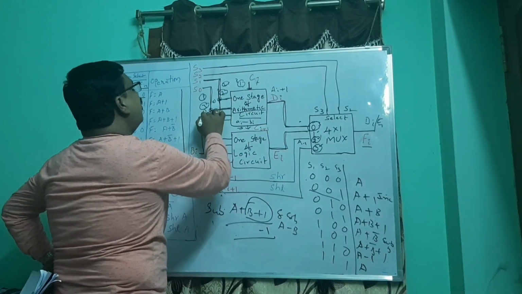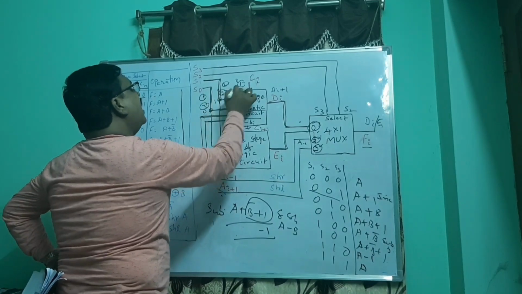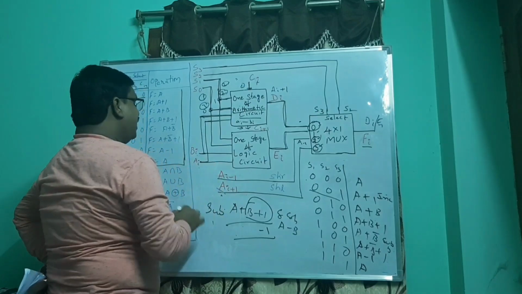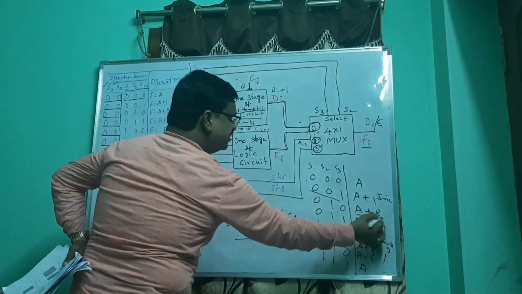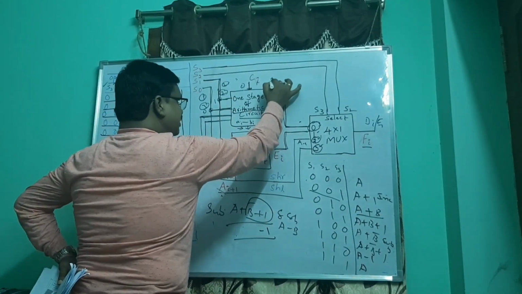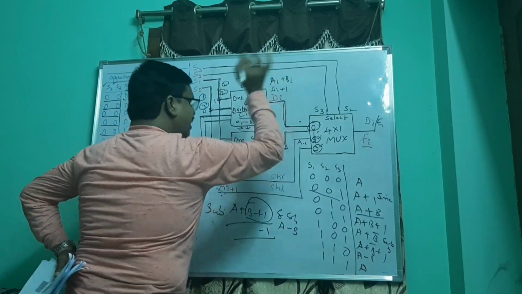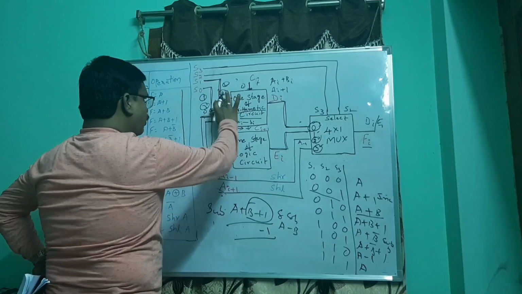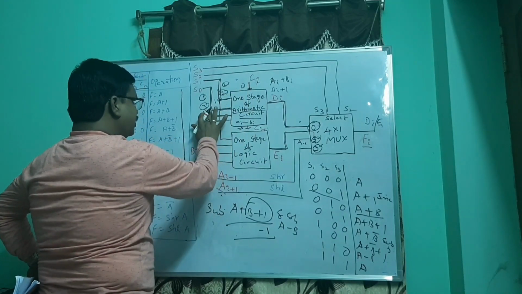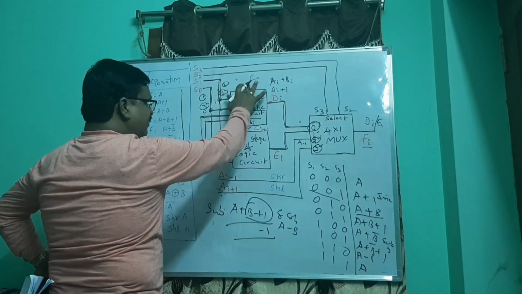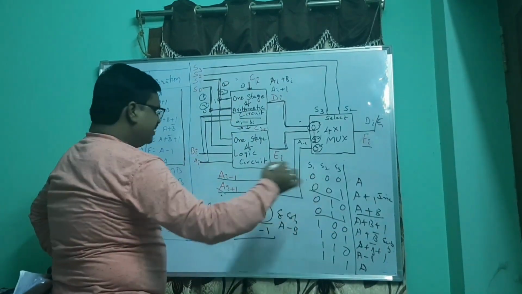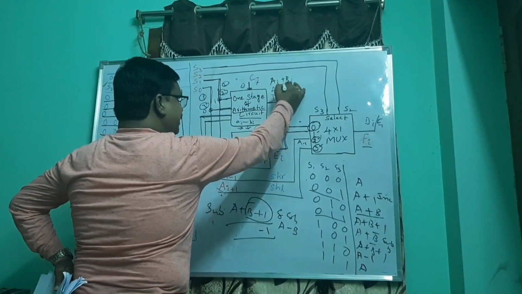Otherwise, if it is 0, 1 and this value is 0, then as it is given in the truth table, for this Di, AI plus BI will be generated. And then if it is 0, 1, 1, means S1 is 0, this is 1 and this is 1, A plus B plus 1, means AI plus BI plus 1.